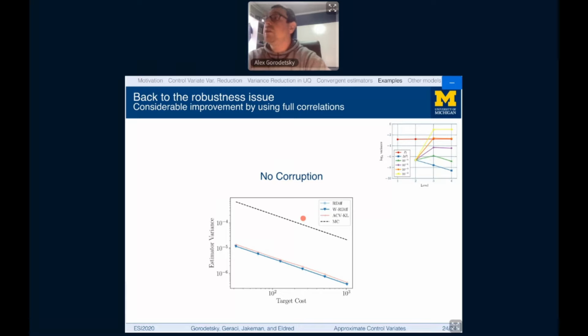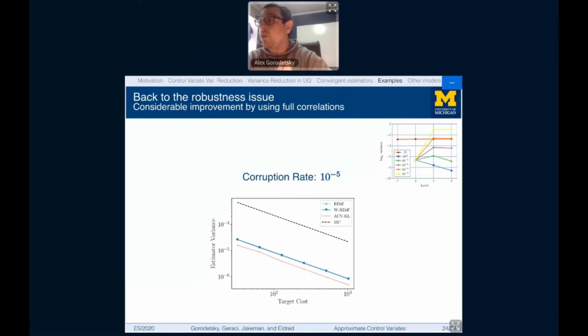But let's see what happens for the robustness issue. So remember here, I corrupt the 3rd level. So here we consider no corruption. And we're comparing 3 estimators: the KL estimator, the recursive difference estimator, and a weighted recursive difference estimator with a non-1 weight. With no corruption, we have this variance reduction. They all work similarly.